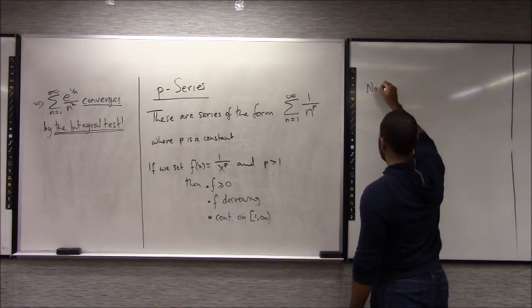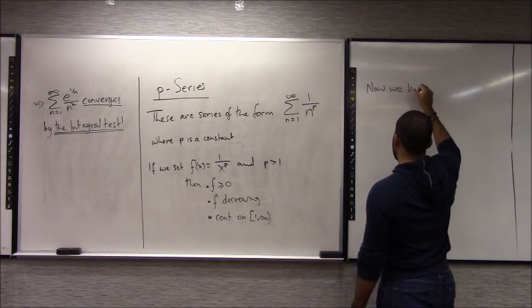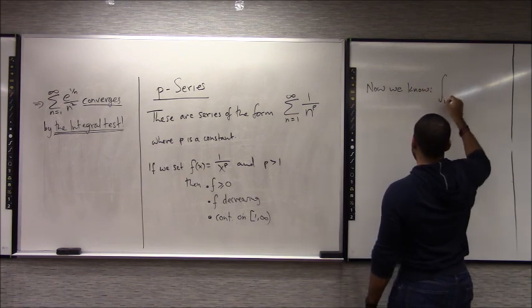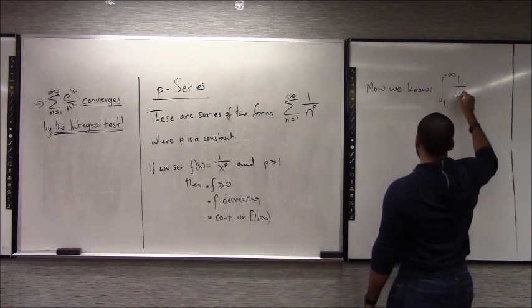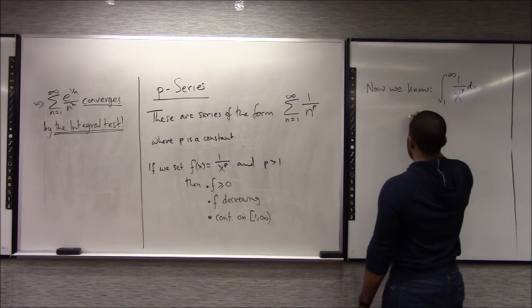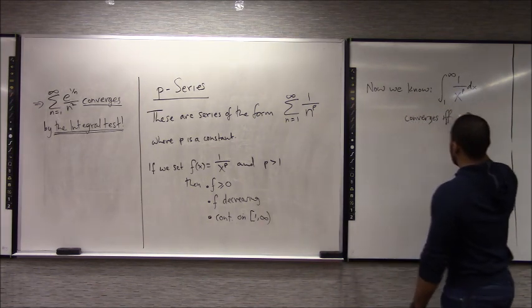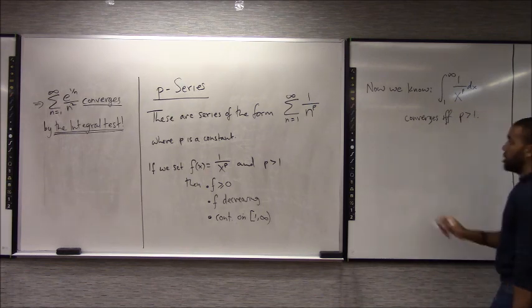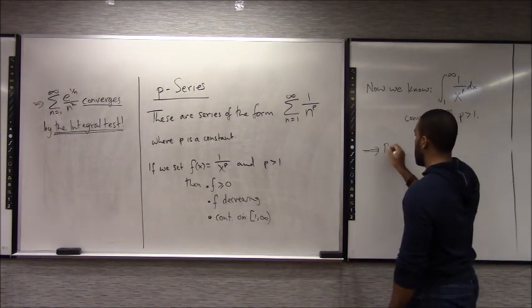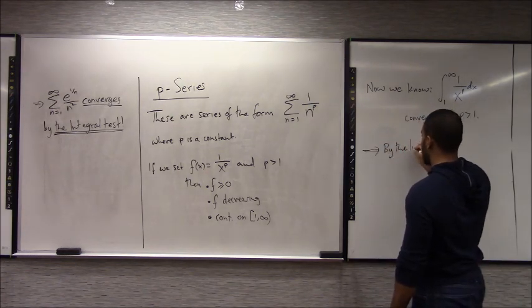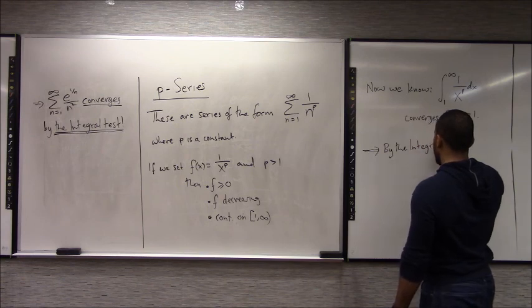Now we know from the last section that the integral from 1 to infinity of 1 over x to the p dx converges if and only if p is larger than 1. So this means, by the integral test, I can prove another test.